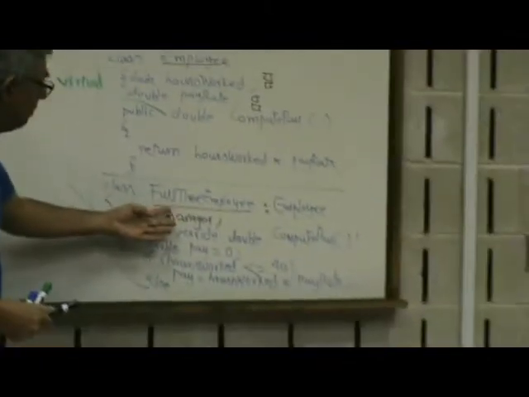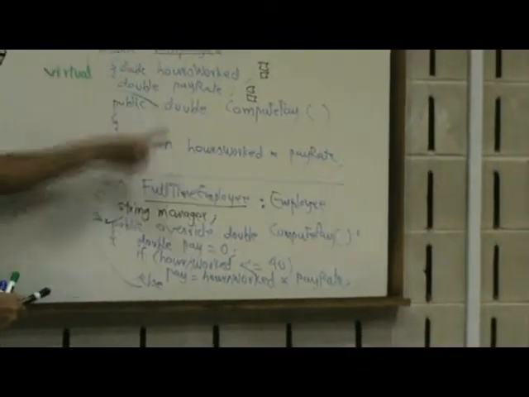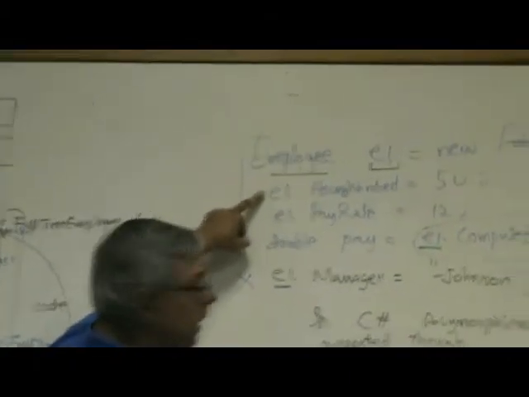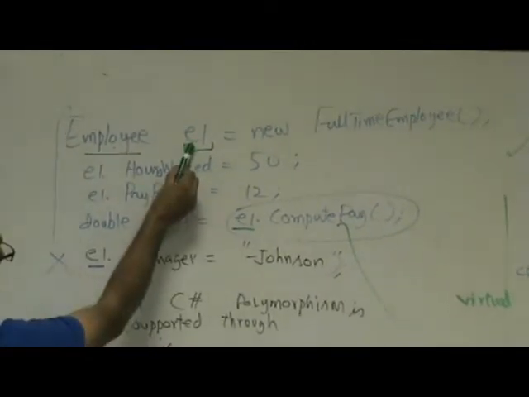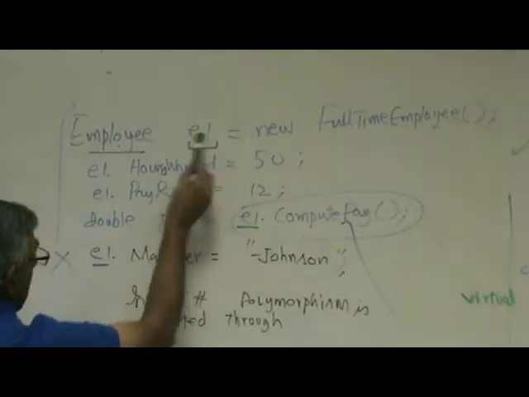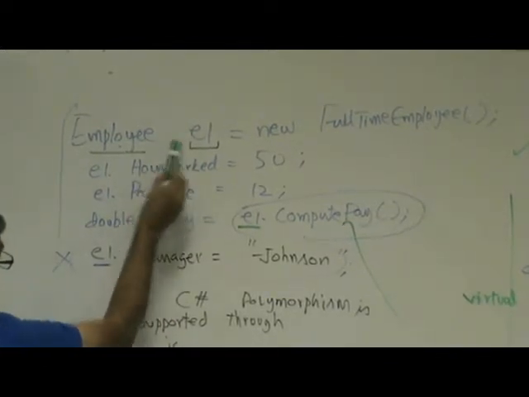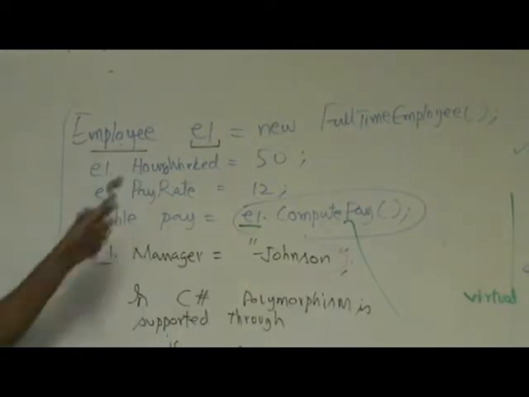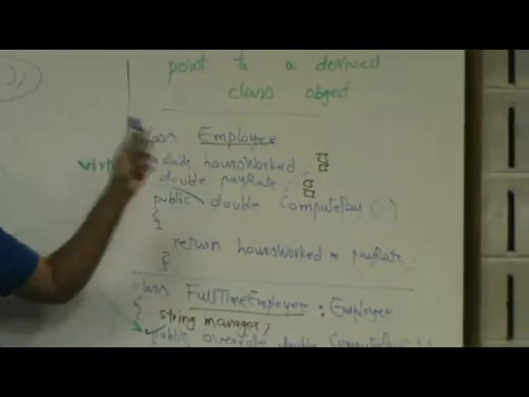Was hours worked declared in the full-time class? No, it's being inherited. So let's take a look. What will the compiler do once it sees this? Remember, the compiler checks what type it is, not the actual memory, but what the data type was when it was declared. It will find Employee, so it will go to the Employee class. Is there hours worked? Yes. That's all it needs to check.